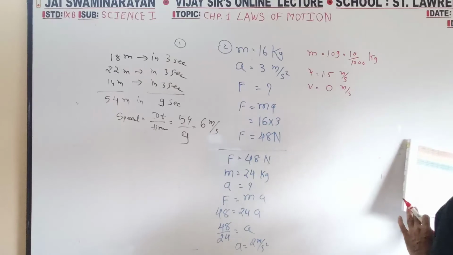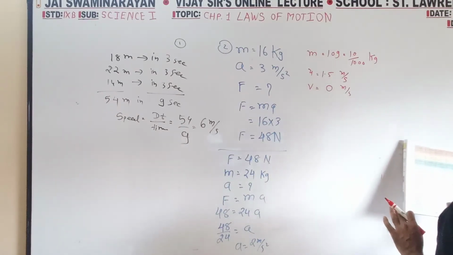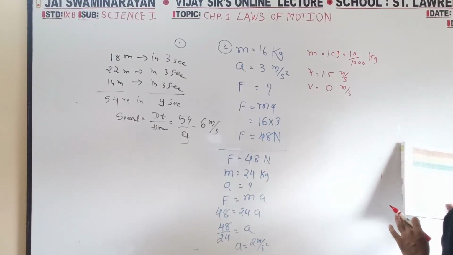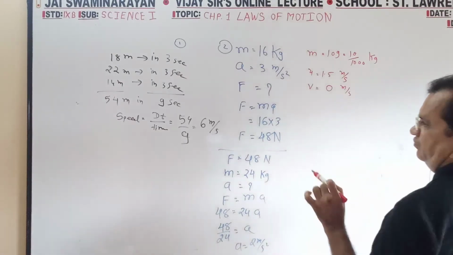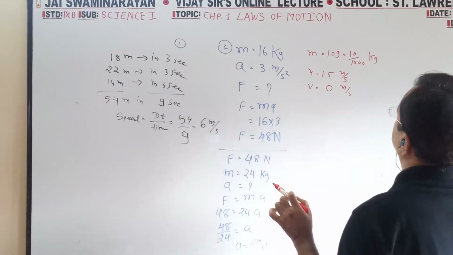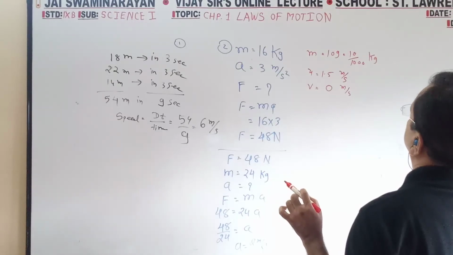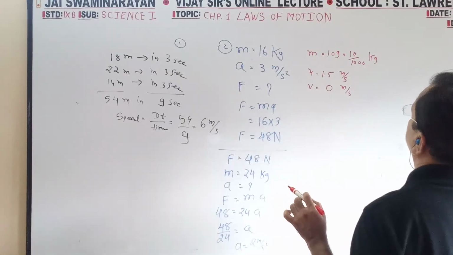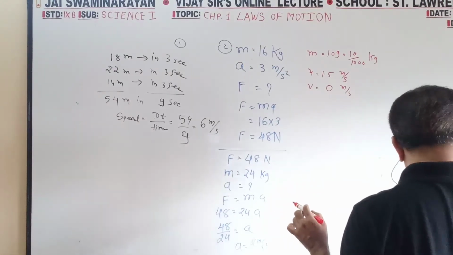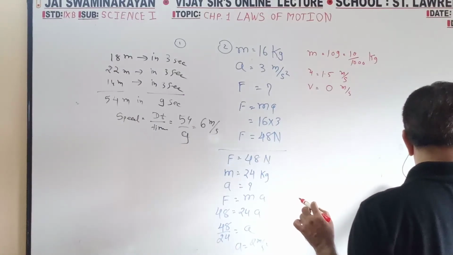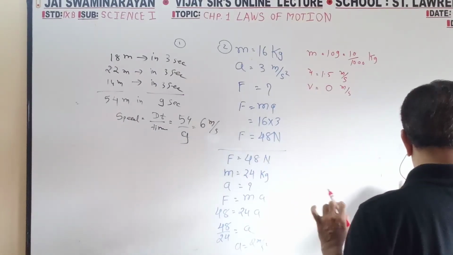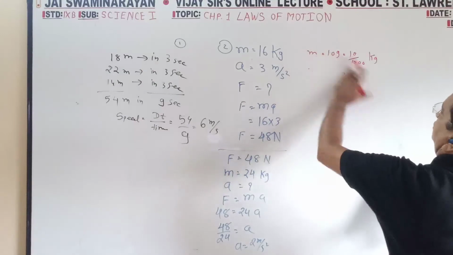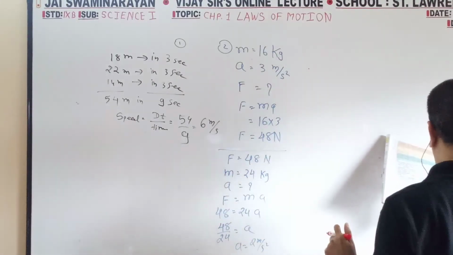Determine the velocity. Something is missing. The plank was initially at rest. V square is equal to U square plus 2AS will not work. S is equal to UT plus half AT square will not work. Something is missing. Let's not waste time. I will do it later.